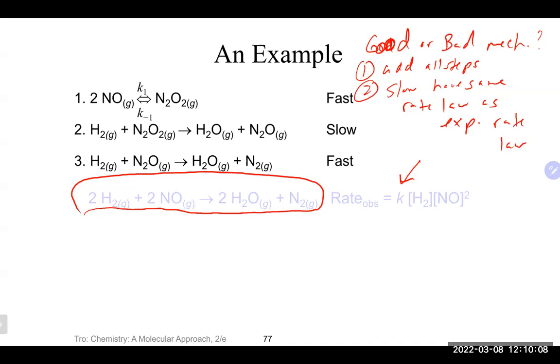And secondly, when we determine the rate law based on this mechanism, it should match perfectly the experimental rate law, and then it means it's a good mechanism. If either one of those things does not work, if you add it up and it does not give you the overall reaction, or the rate law based on the mechanism does not match, then it's not a good mechanism.